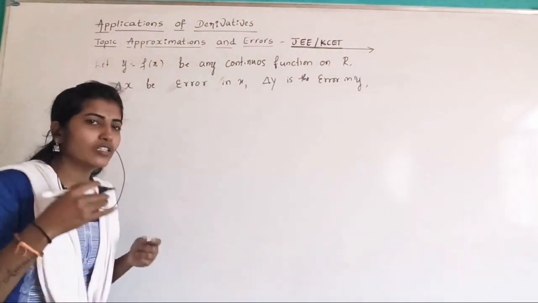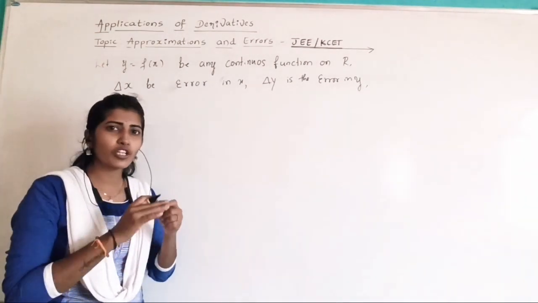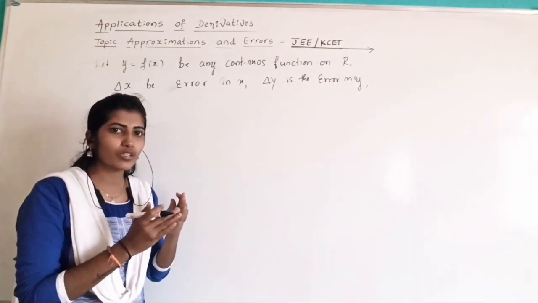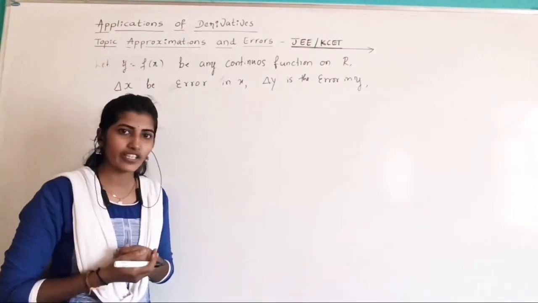So you already learned about these things in your theoretical part, right? Here I am going to give the shortcuts and some hints towards how to crack the questions of JEE and of course your KCET.